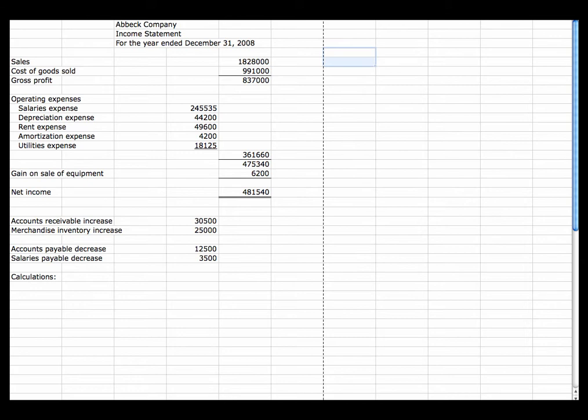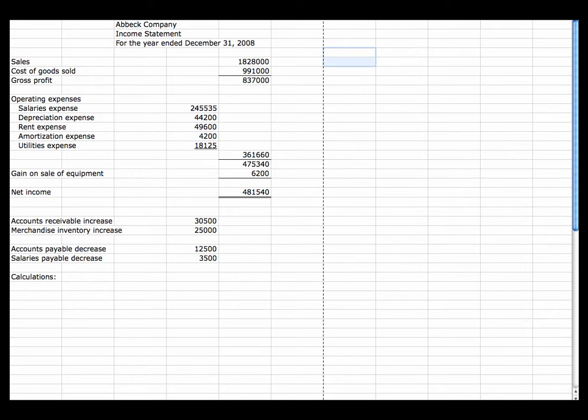In exercise 12.7, understanding that the statement of cash flows between the two methods, the direct and indirect method, are basically the same except for the section called the cash flows from operating activities. So therefore, this particular exercise is to show you how to do the direct method in terms of the operating activities.